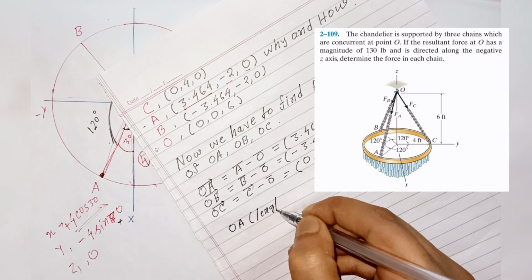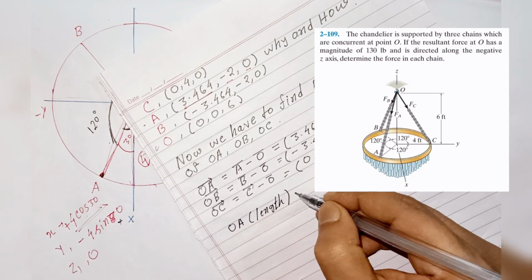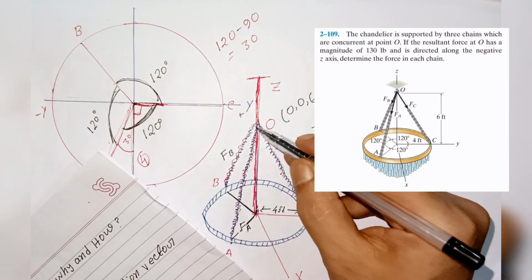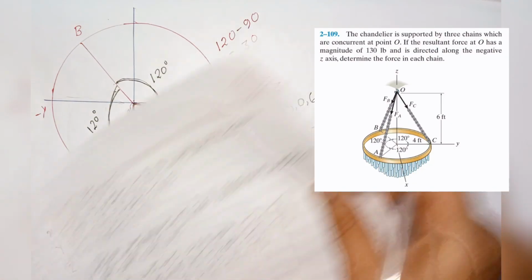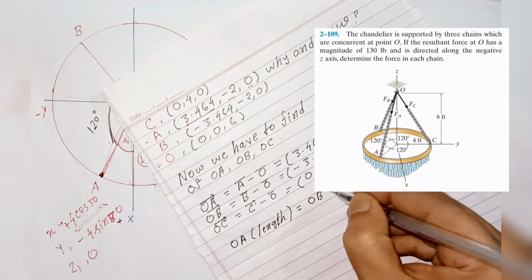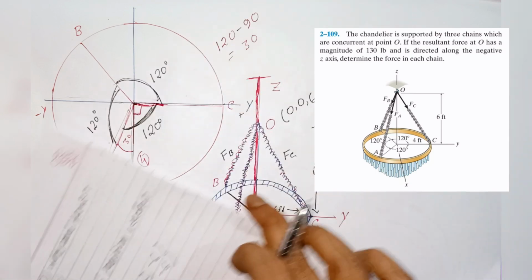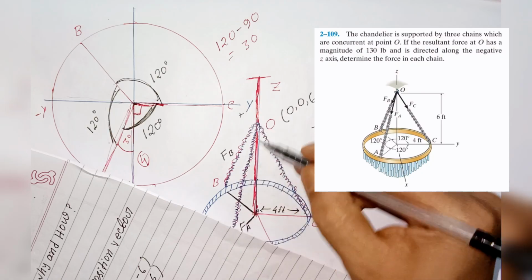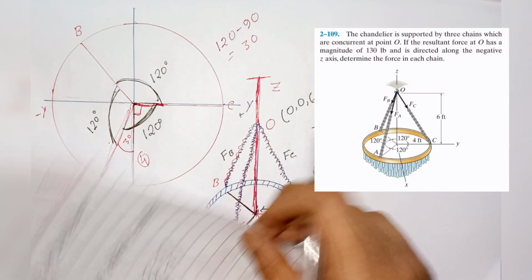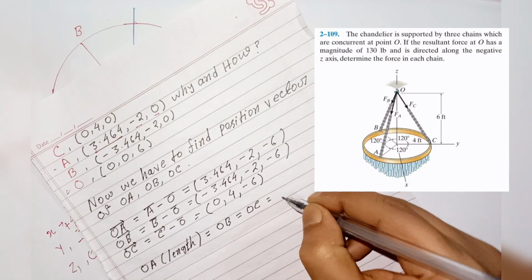Notice and remember: the three lines are chains hanging from height h. That means the three chains are equal to each other. That is, length of OA equals length of OC equals length of OB. Yes or no? Just comment and like.